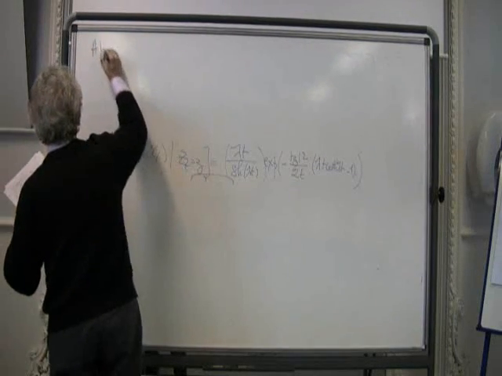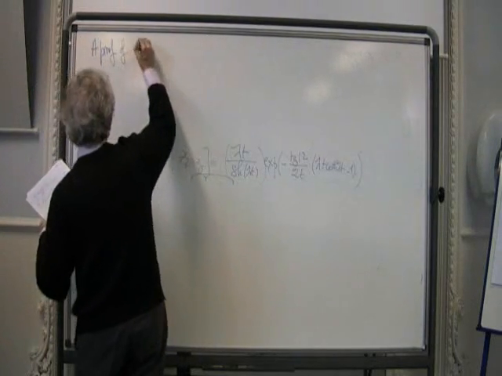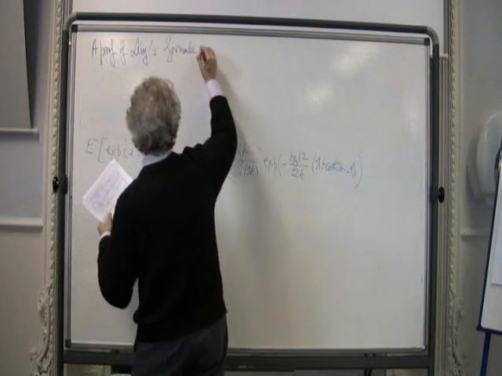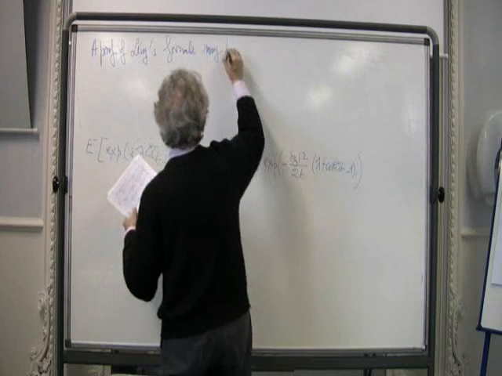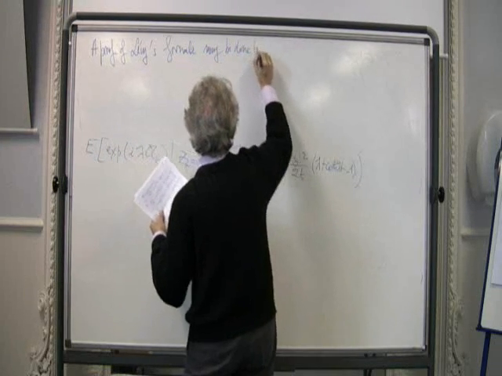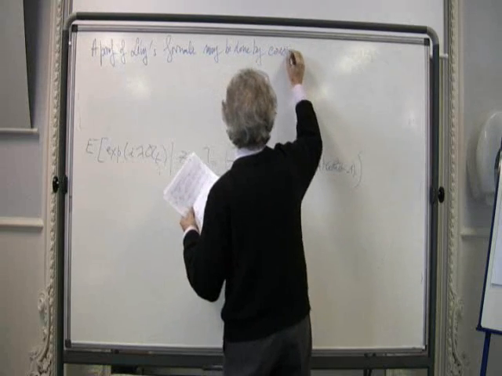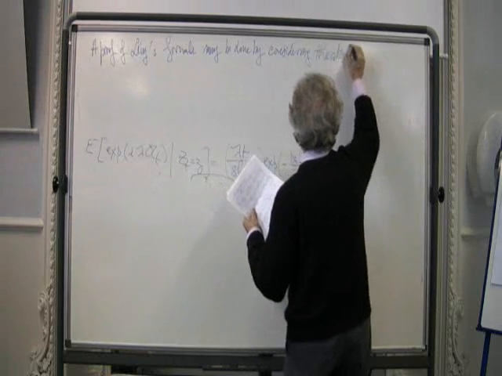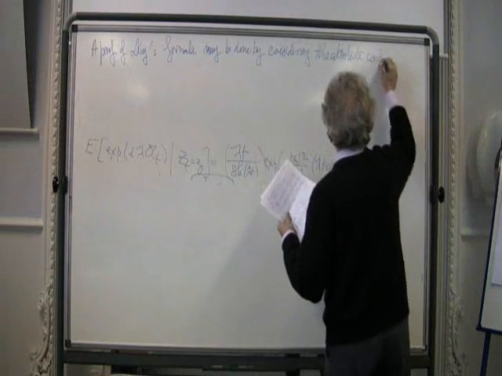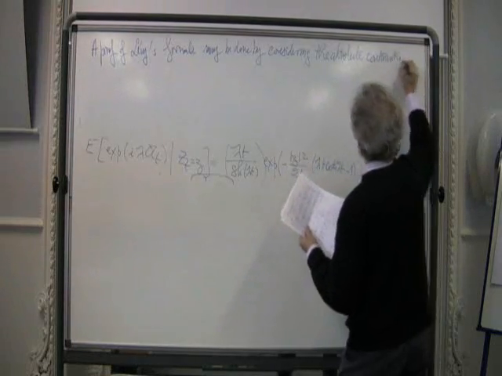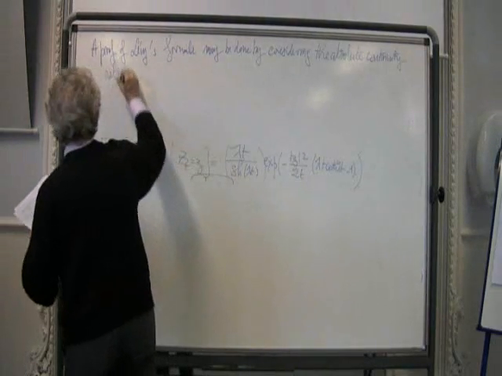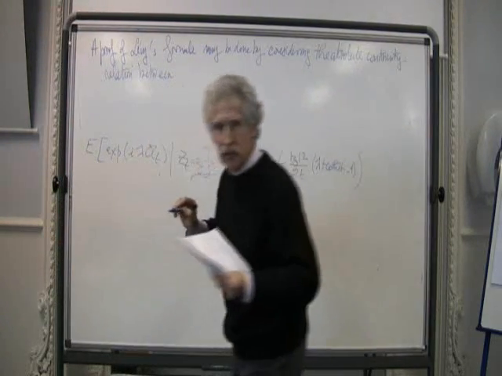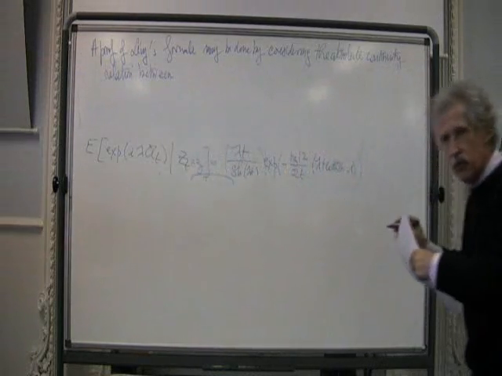So a proof of Levy's formula may be done by considering the absolute continuity relationship between the law of the Ornstein-Uhlenbeck process with parameter lambda and the law of Brownian motion.